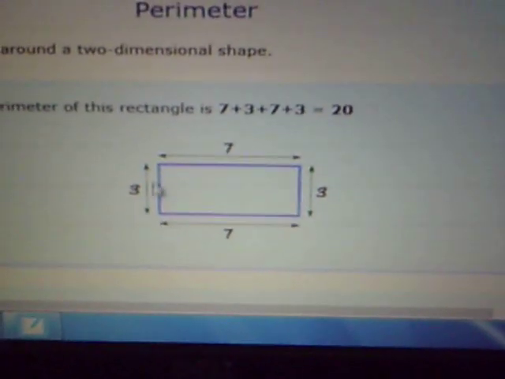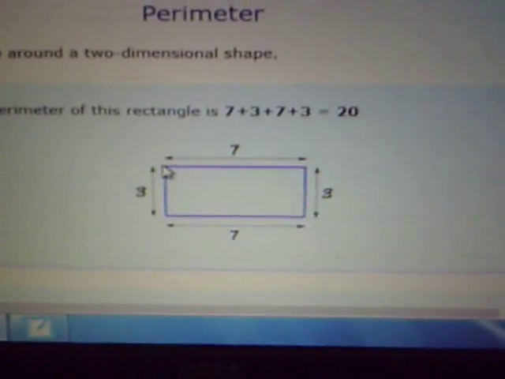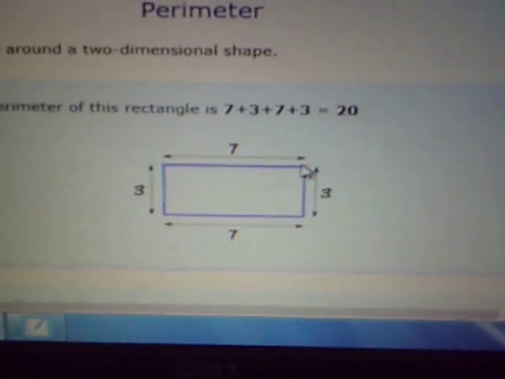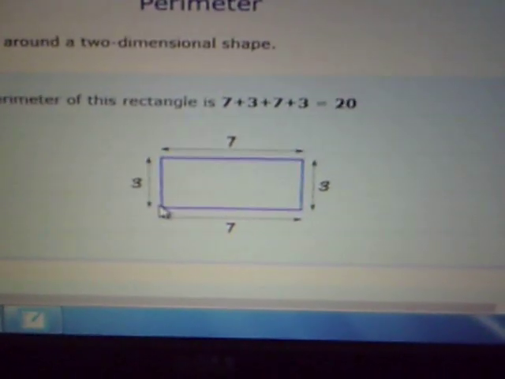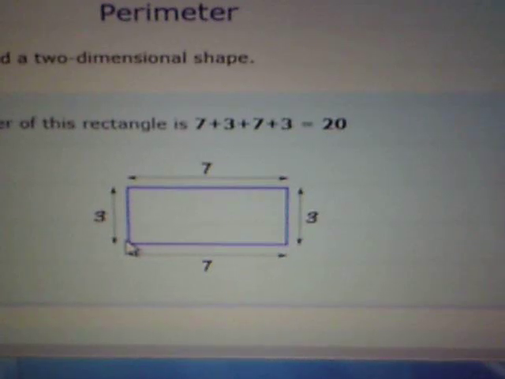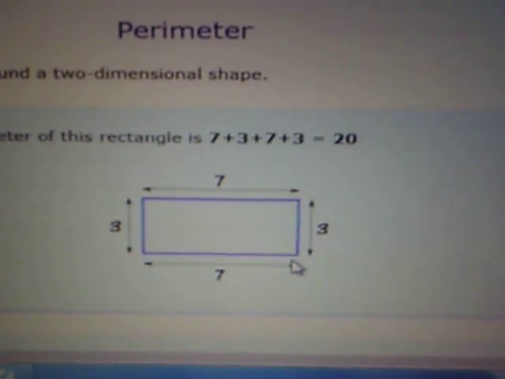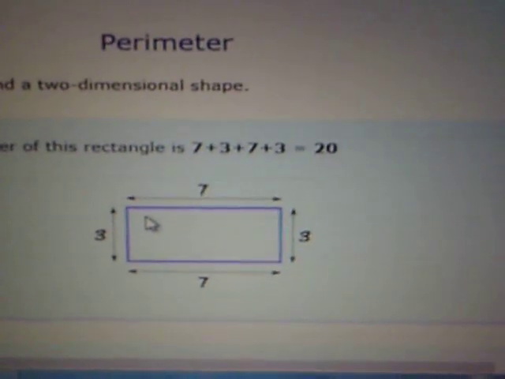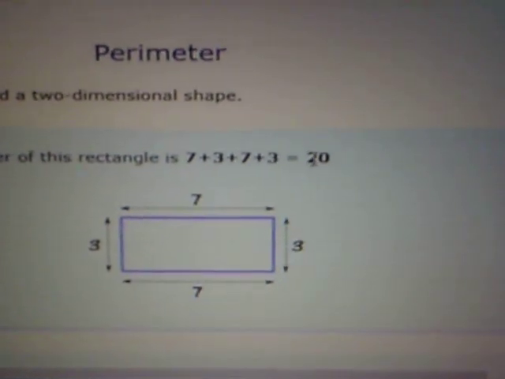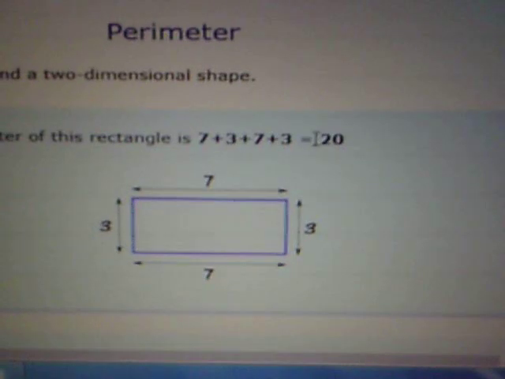What is the total distance around? For the perimeter, you simply add all the sides of the shape together. In this shape, a rectangle, you'd be adding 4 numbers: the 7, the 3, a 7 again, and another 3. The perimeter of this shape would be 20.